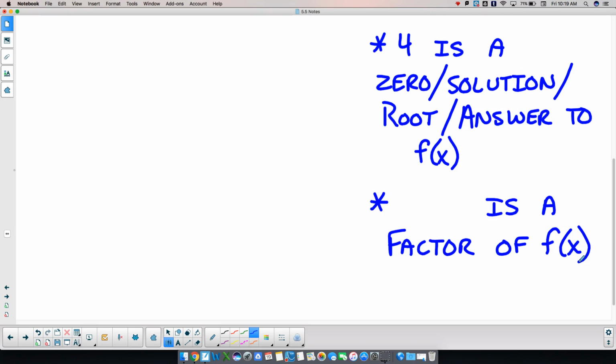Nope, that would give me negative 4 as a 0. X minus 4 is a factor. Remember, we got to think oppositely because it's inside a set of parentheses.